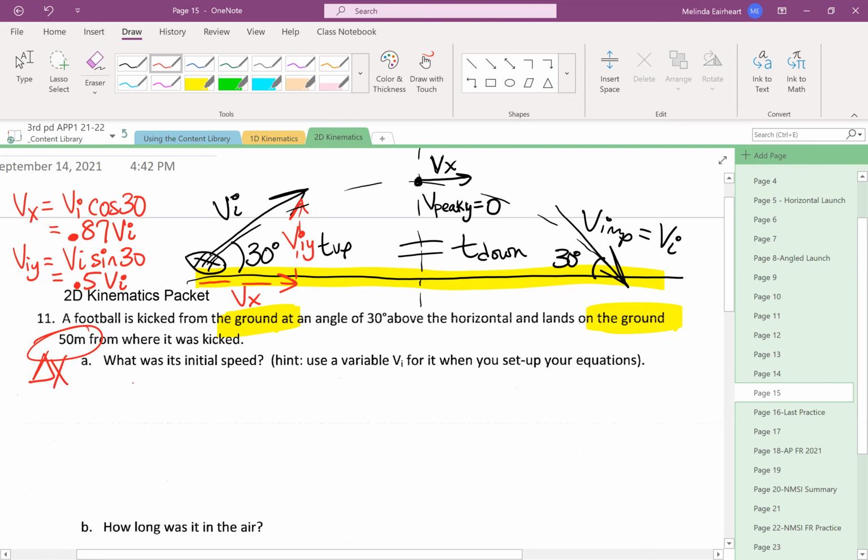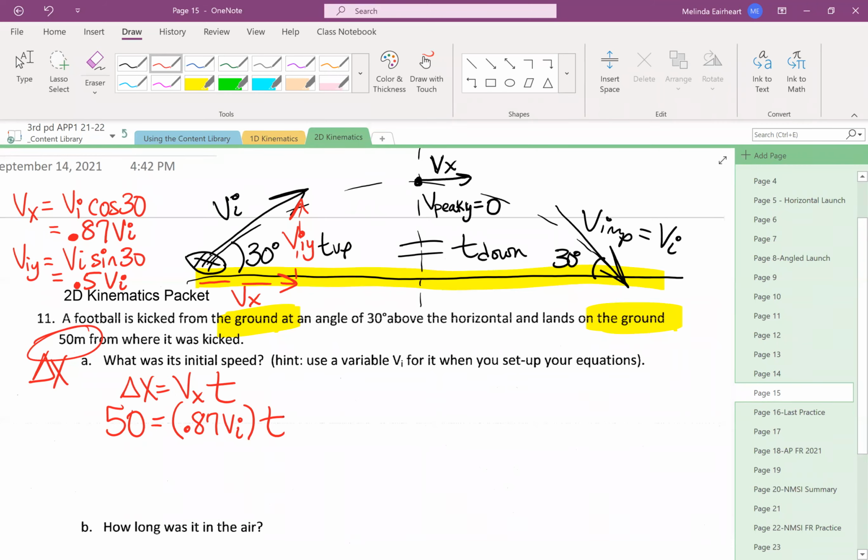And so if we think about horizontal, we know that the range, 50 meters, is equal to that horizontal velocity, which is 0.87 VI, times time. And again, that's about all we can do with it at that point. So pause in the horizontal.